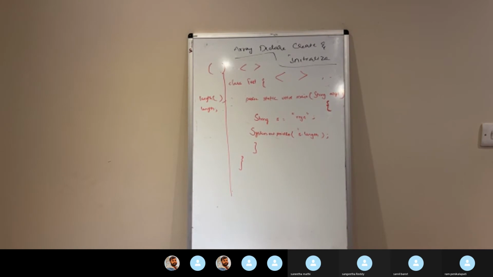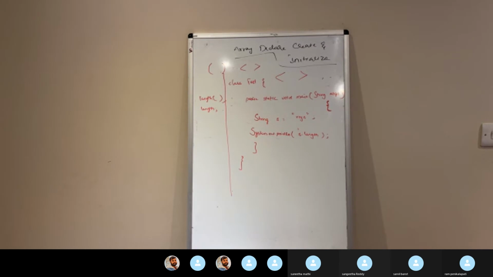String, capital S, args, all small letters. Square brackets. Close, open curly bracket. String, capital S, s is equal to, in double quotes, your name, semicolon. System, capital S, dot out dot println, out and println are small letters.